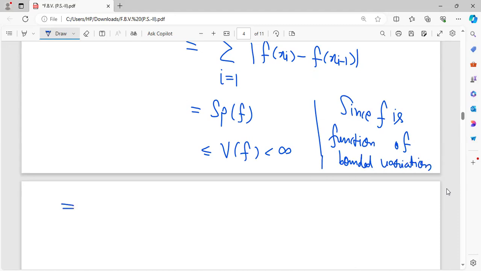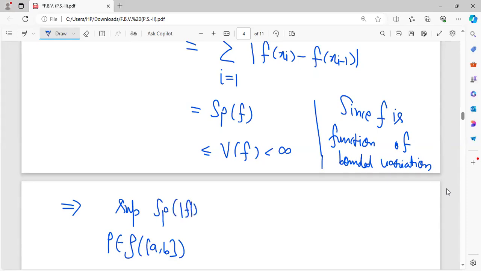So this implies the supremum over P belonging to the collection of partitions of S_P is less than infinity.